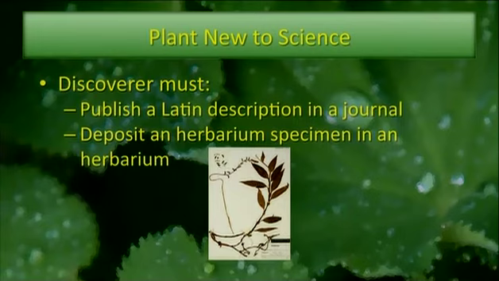So this is an herbarium specimen. It's actually a dried plant mounted on an herbarium sheet, which is acid-free paper. So this allows the herbarium specimen to exist for centuries. There are some in the Bishop Museum herbarium that came from Cook's third voyage, when Hawaii was first discovered by the West in 1778.